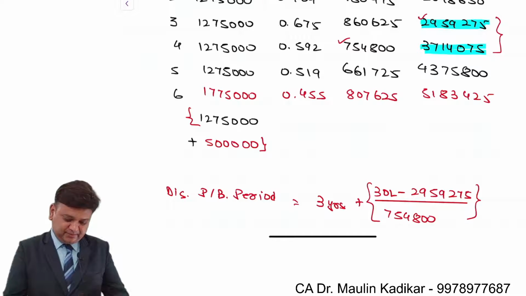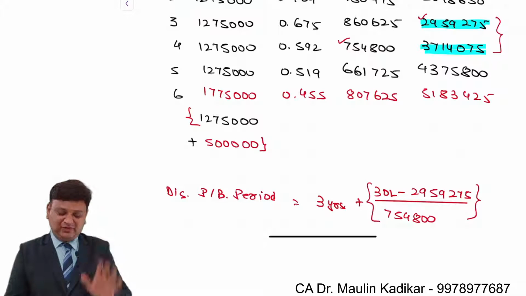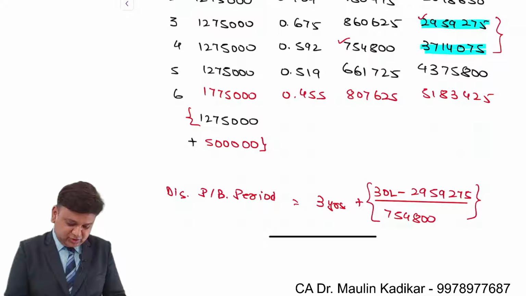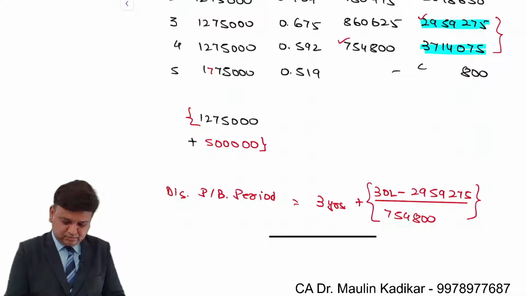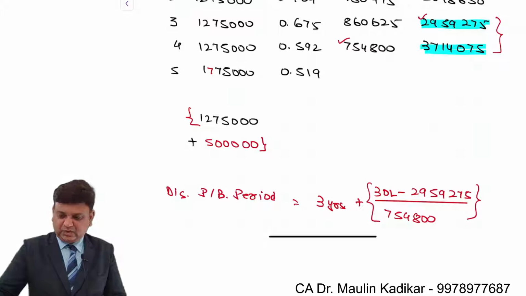Friends, over here the life of the project is only 5 years. So this amount is 17,75,000. So 17,75,000 into 0.519.